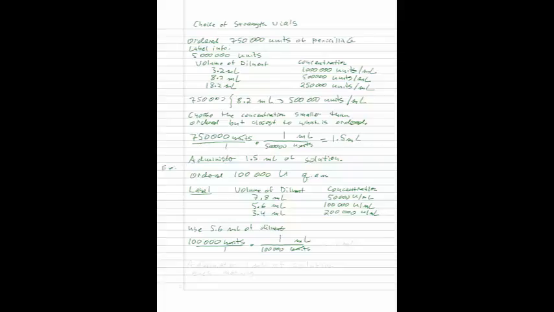Of course, what we would get there, the units would cancel, and our result is just 1 milliliter. So how often do we administer this? Administer 1 milliliter of solution every morning.